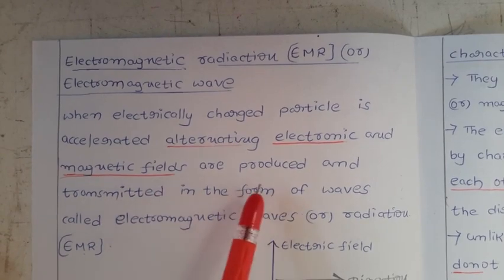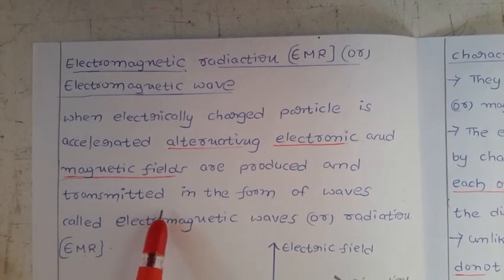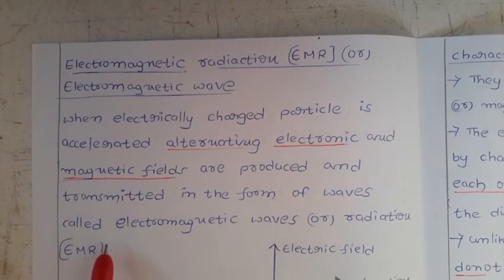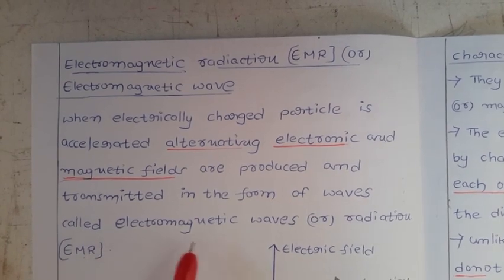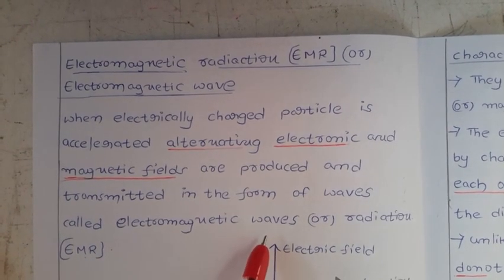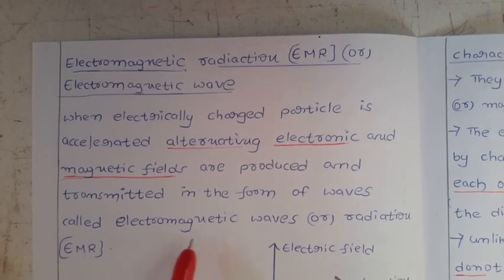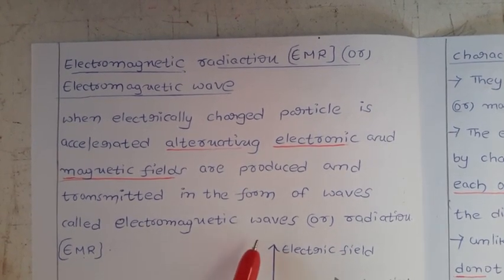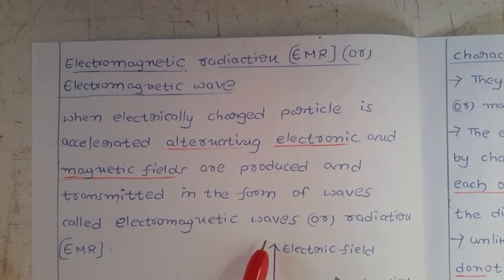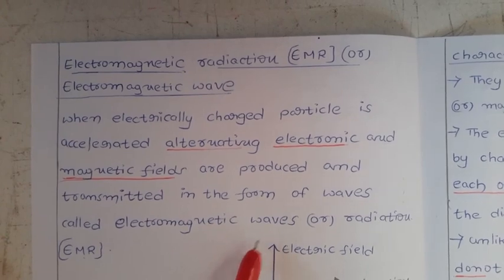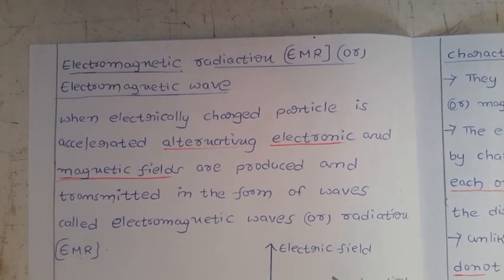These are produced and transmitted in the form of waves called what? Electromagnetic waves. The name itself indicates we have the electric field and magnetic field, and those are propagating in the form of waves. Those waves are called electromagnetic waves or electromagnetic radiations.